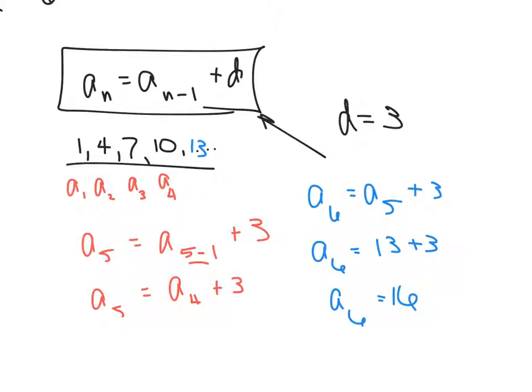Okay, that's pretty much it as far as arithmetic sequences are concerned. But the key part here is remembering that these here represent the place of the numbers that we're looking for. So a sub 5 means I'm looking for the fifth number in the sequence. If that were a sub 42, that means I'm looking for the 42nd number in the sequence.